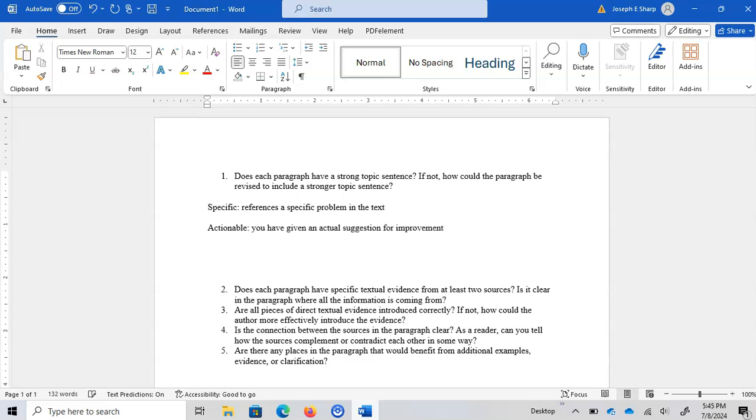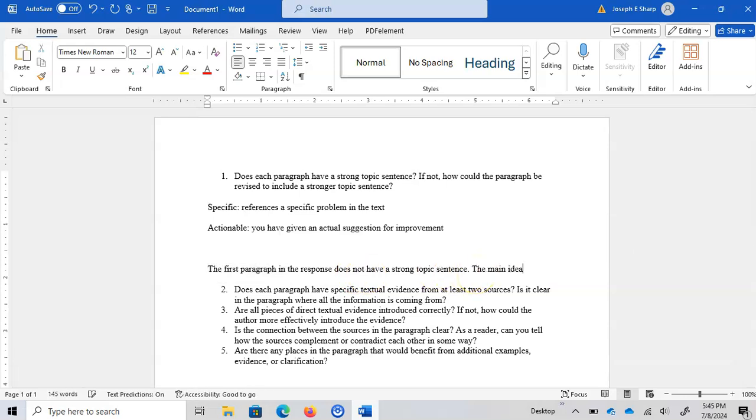So what does that look like for an actual response? You could say, and you know, when you're talking about specific parts. So you would say the first paragraph in the response does not have a strong topic sentence. So this is the specific part. The first paragraph in the response does not have a strong topic sentence.